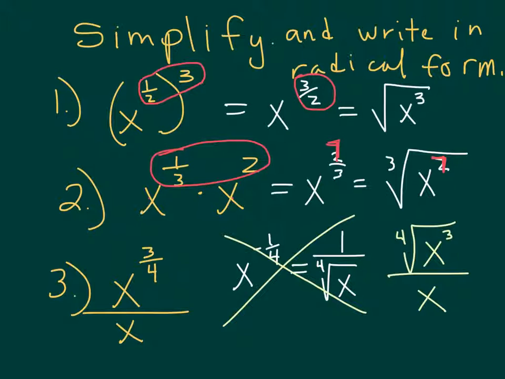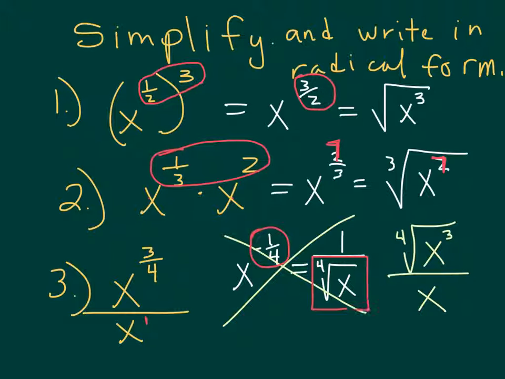Okay? And then the third one is kind of tricky too, because we have to recognize that we have a division problem, and we normally would do 3/4 minus 1, because remember there's an understood 1 down here. When we subtract 1 from 3/4, we get a negative 1/4, and remember, a negative exponent means to put it in the other location, so therefore we had to put it in the denominator.